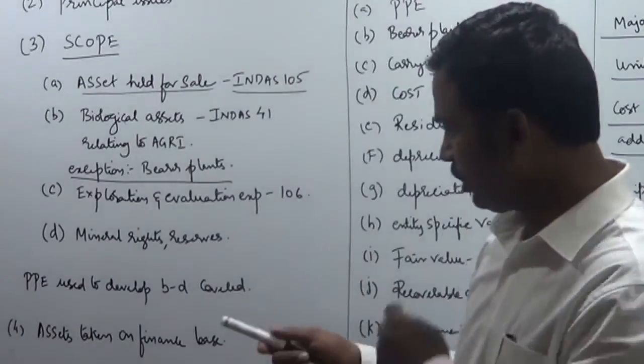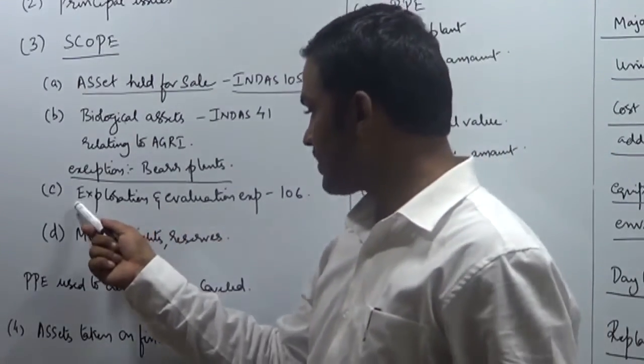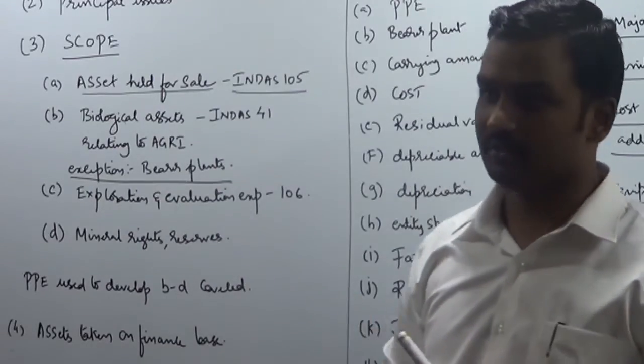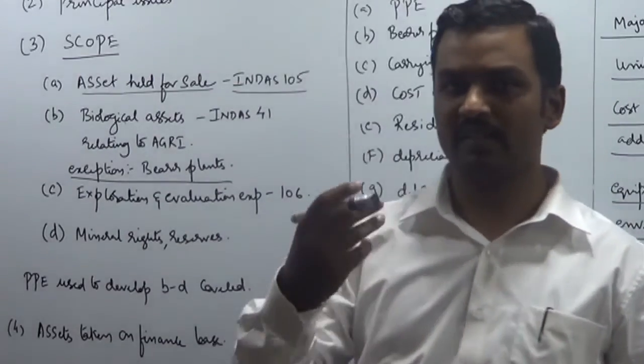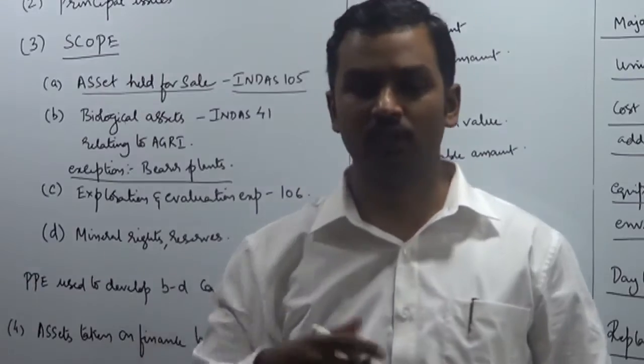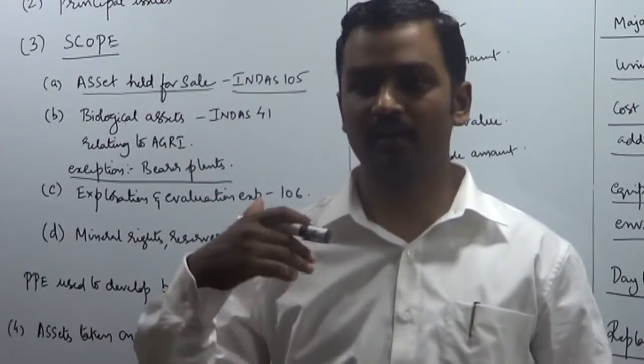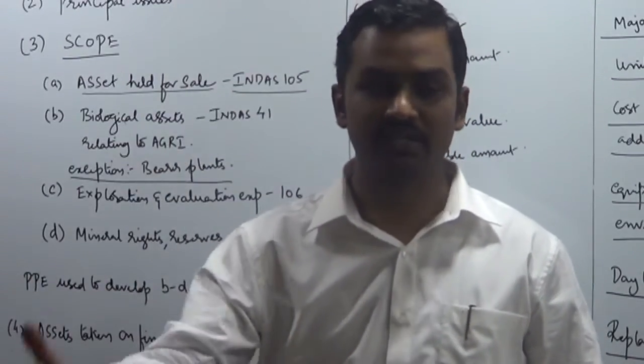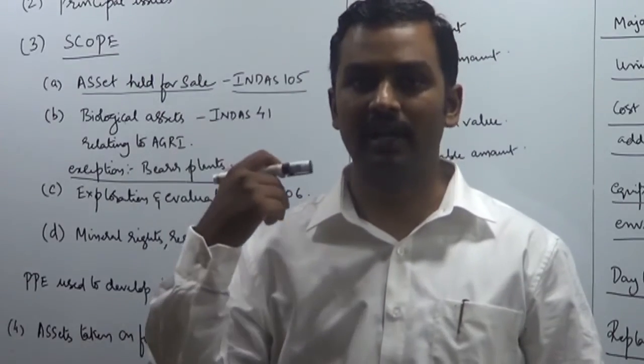Okay, now let us come to the next exclusion, exploration and evaluation expenditure. A company is engaged in iron ore mining, coal mining, or they are involved in the business of extraction of gas, oil, etc.